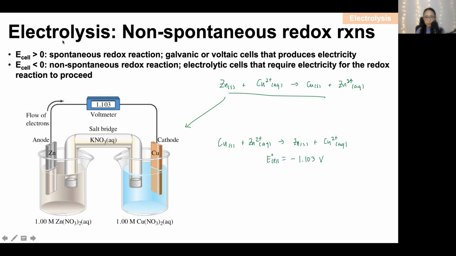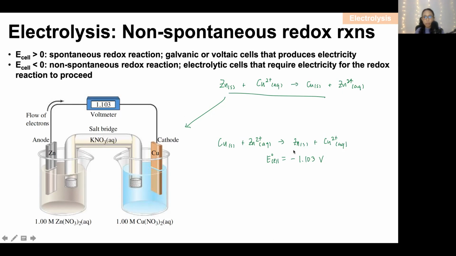So which means this reaction as written, so from reactant to product, this reaction is non-spontaneous. It will not take place unless you connect it to a battery. So the reverse is spontaneous. You don't need to connect your electrochemical cell to a battery for this reaction to take place.